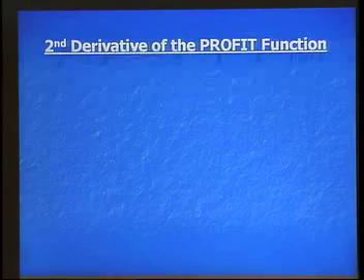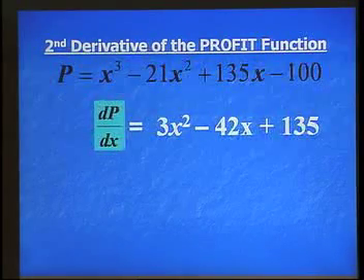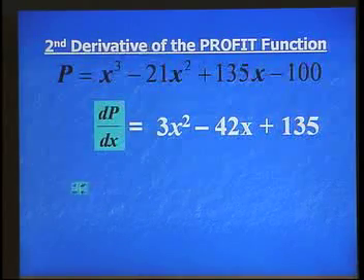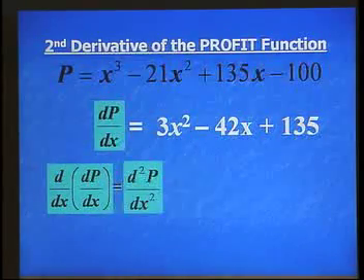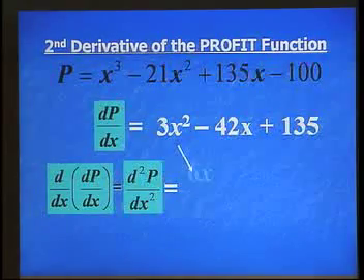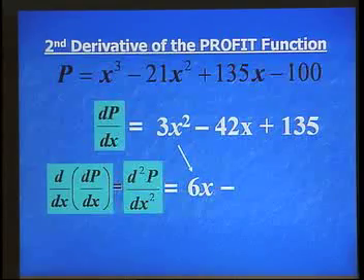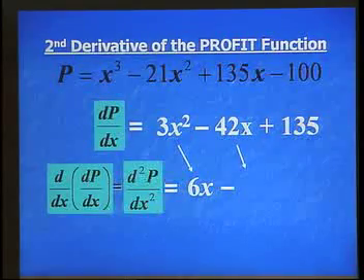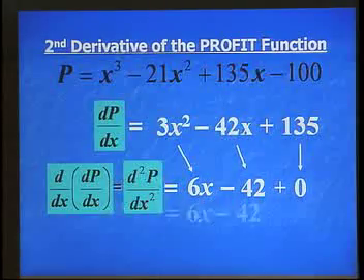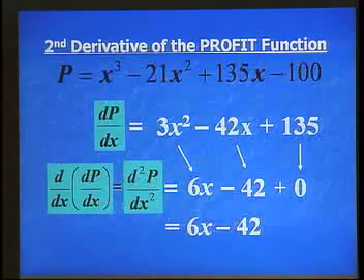By using the same rule of differentiation, the second derivative of the profit function, d²P/dx², will be 6x − 42 + 0. That means, it will be 6x − 42.